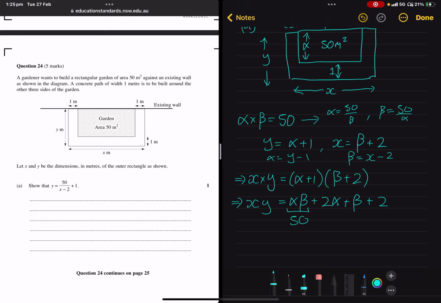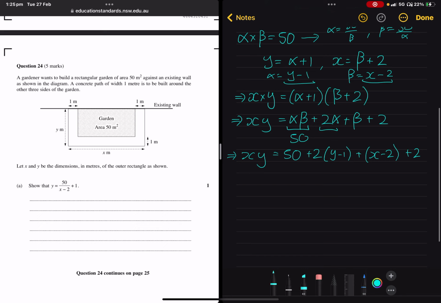So this becomes 50. So we've got xy is equal to 50 plus 2 times y minus 1, plus beta, which we know is x minus 2, plus 2. So now this becomes xy is equal to 50 plus 2y minus 2 plus x minus 2 plus 2.